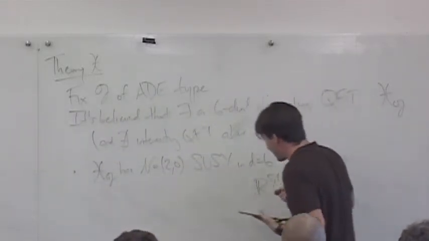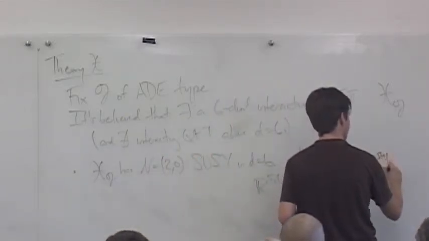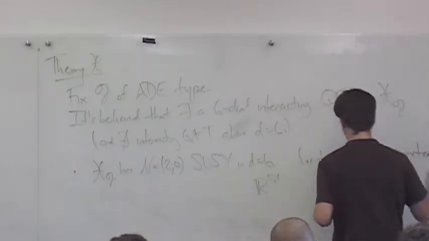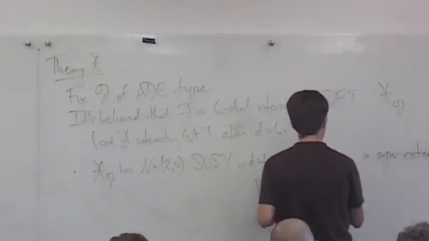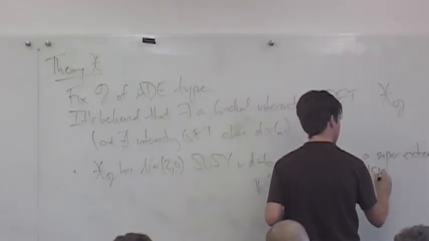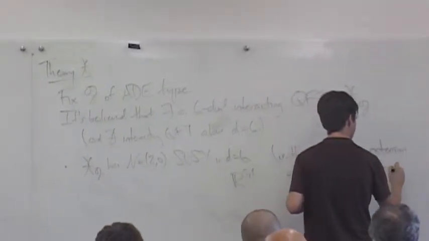So that's one thing this theory is supposed to have. But in addition to that, it's supposed to also have this supersymmetry. What that means is that there's a certain super extension, a super Lie algebra, a super extension of the Poincare group ISO(5,1), which acts on everything in the theory.